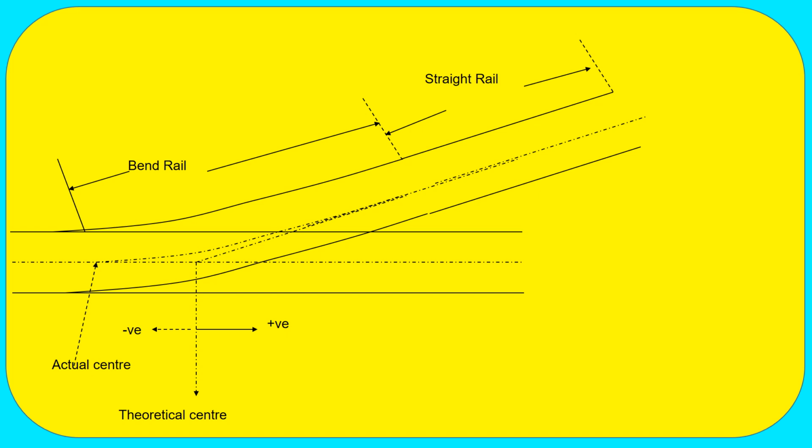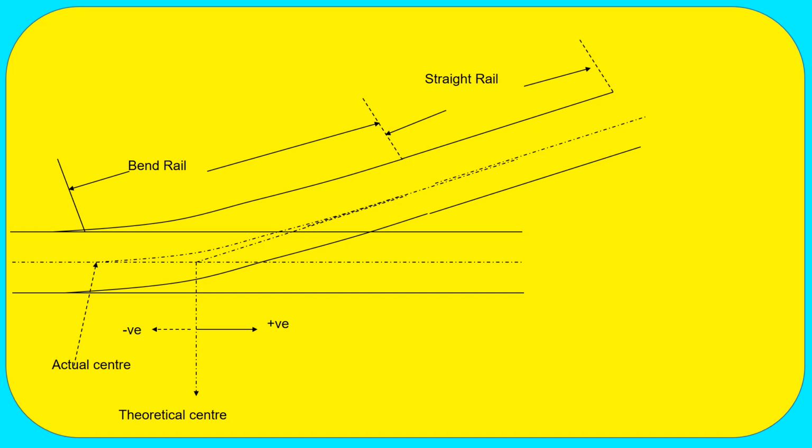Here we can see the bend rail, then the straight rail, then the actual center. Actual center means where the center line of the bend rail meets the main line center. That is called the actual center. The theoretical center is away from this actual center, and that has also been shown.